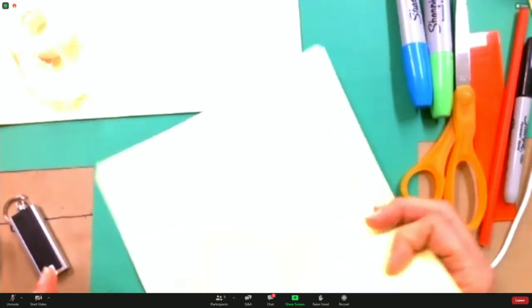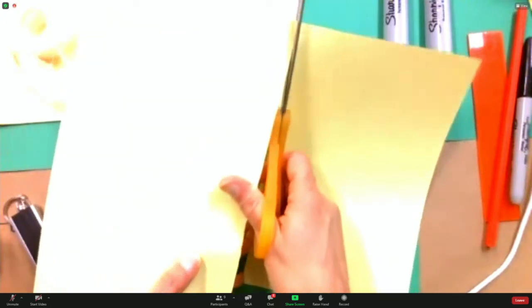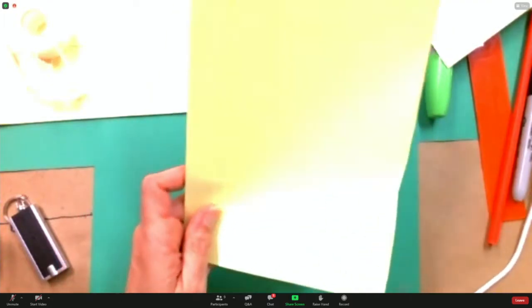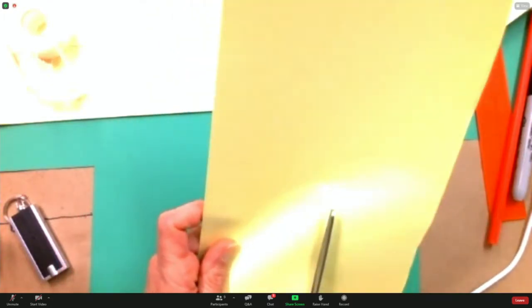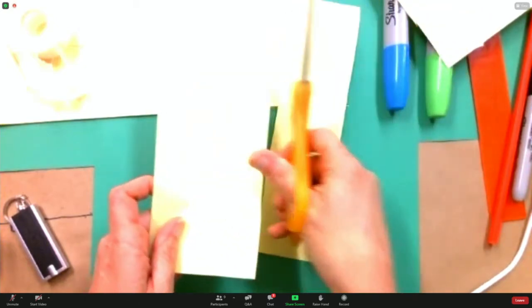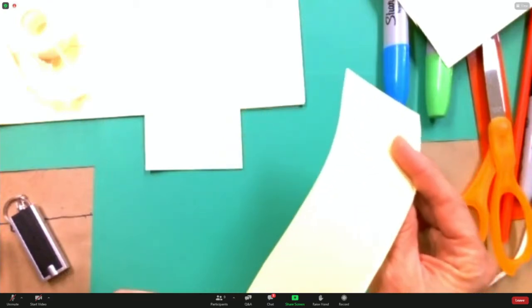And cut along that seam. Your scissors. Doesn't have to be straight. And when we do that, we're going to be left with half a sheet of paper, but it's still too much paper for us. So we just want to cut a strip off, maybe 2 or 3 inches wide. And this is what we're going to use for our experiment today.